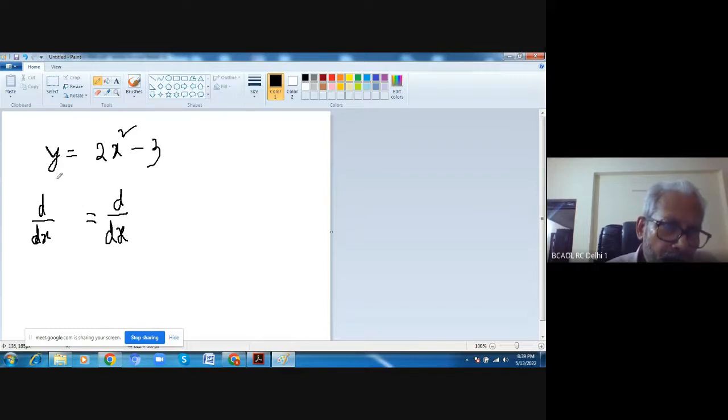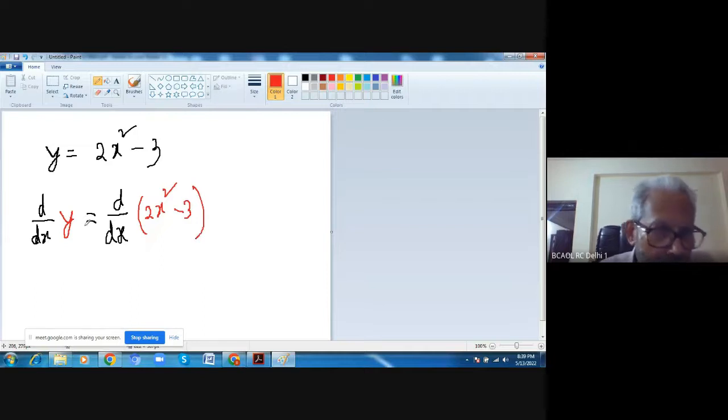Now y you can write here, and in another symbol, simply y, and here in bracket 2x square minus 3.